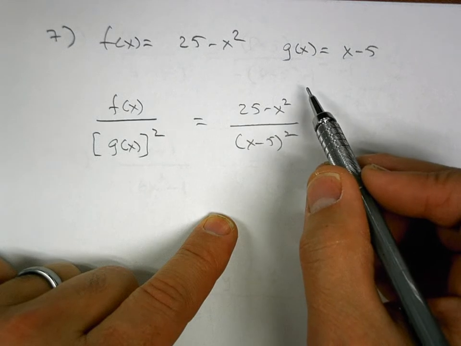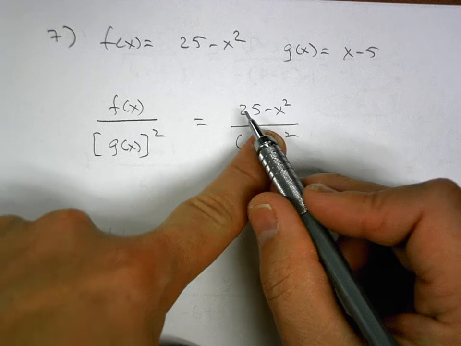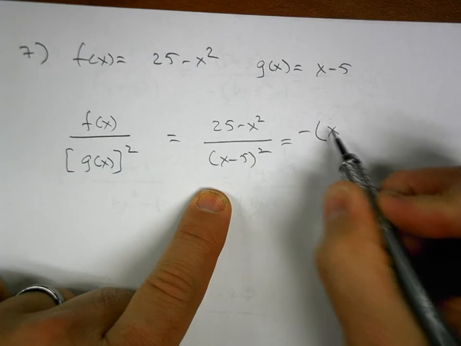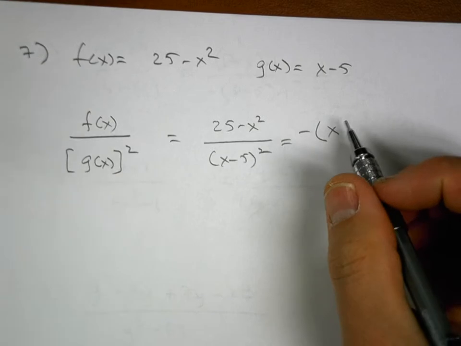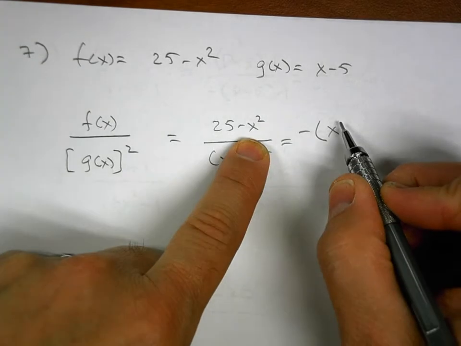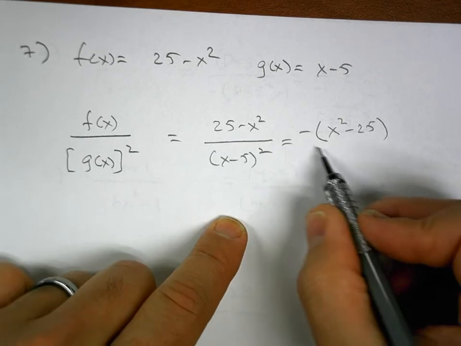Okay. How about we switch it? What the heck? Let's just go ahead and switch it. So let's take out a negative. I think we're more used to factoring it like that, but it doesn't matter. Okay. So instead of 25 minus x squared, it's x squared minus 25, over x minus 5 squared.